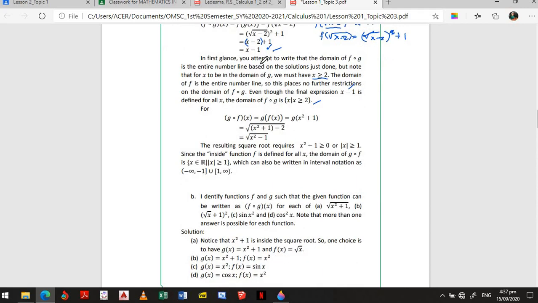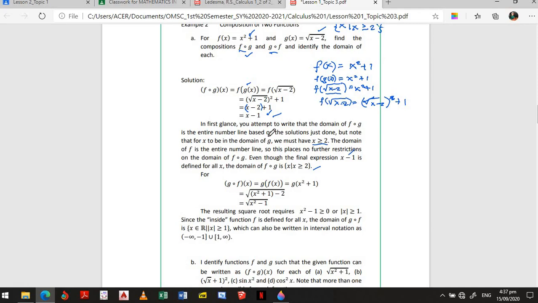Next, the function composition of our G and F of X, that is G of F of X. Since G comes first and F comes second, that would result in G of F of X. But our g of x is defined by g of x equals square root of x minus 2.